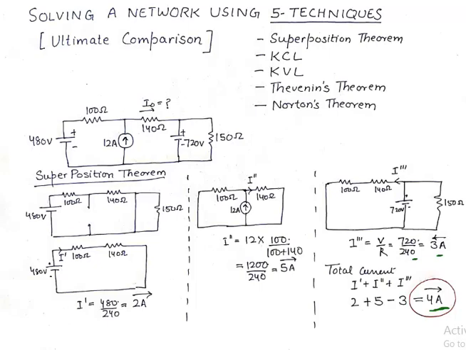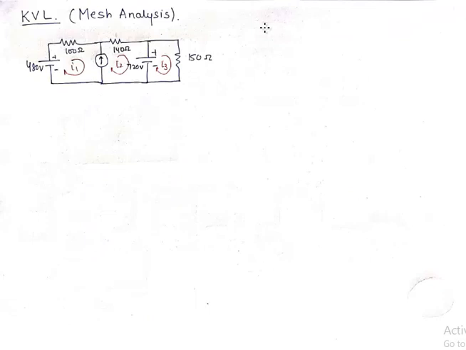Now let's jump to the next technique, which is mesh analysis. Now please understand, in mesh analysis we'll take up loop currents in each of the loops, and because we have a current source in this branch, it is not possible to determine the voltage drop here.